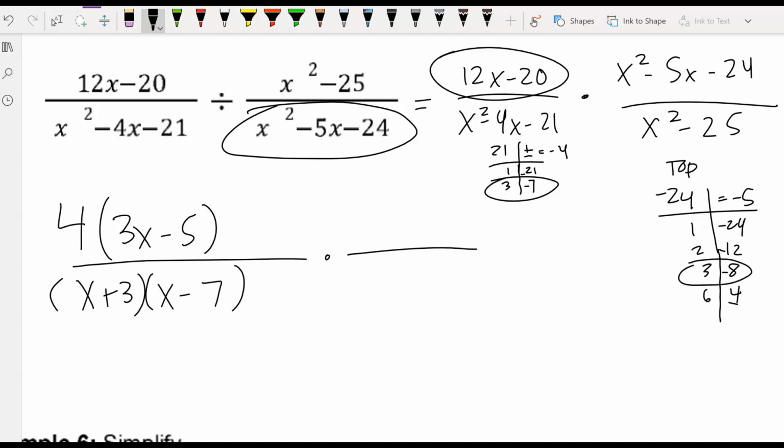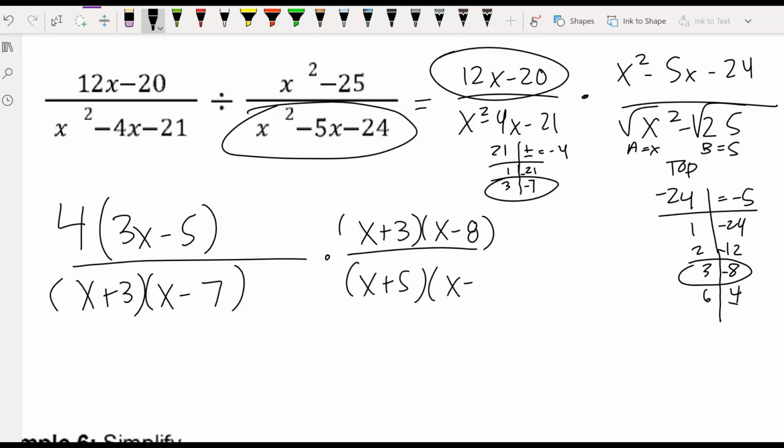And it's going to be (x + 3)(x - 8). All right, and the bottom one, square root. A is going to be x, b is going to be 5, so (x + 5)(x - 5).